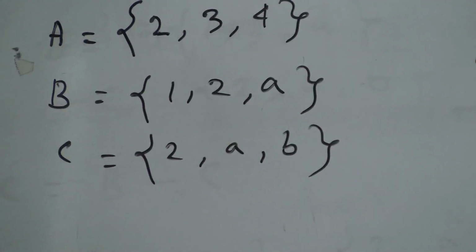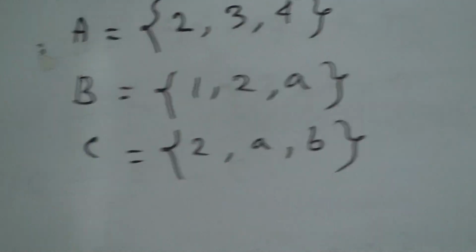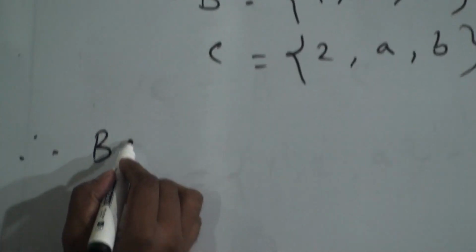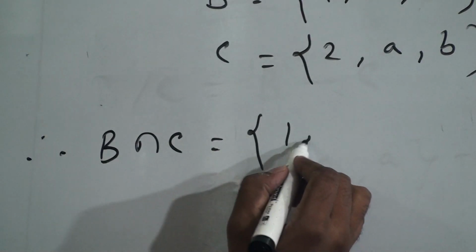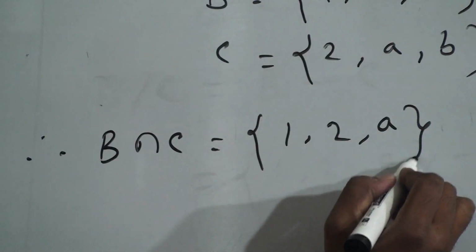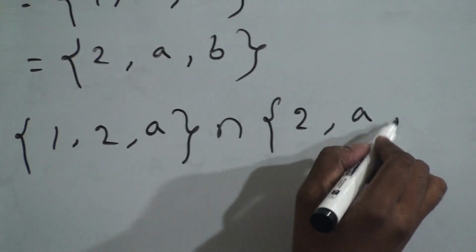We have to find out the value of A union (B intersection C). At first we will find out the value of B intersection C, then we can easily find out the value of A union (B intersection C). Therefore B intersection C equal to, value of B is {1, 2, a}, intersection, value of C is {2, a, b}.